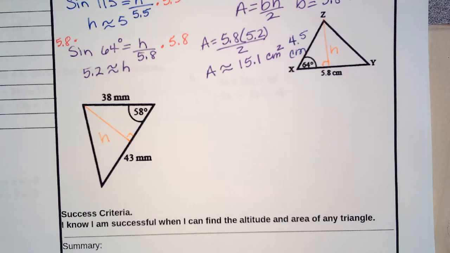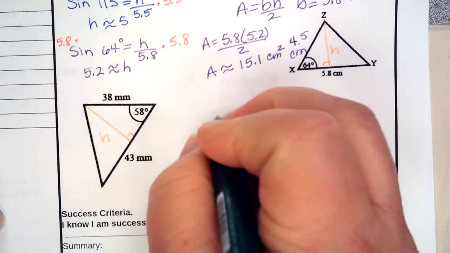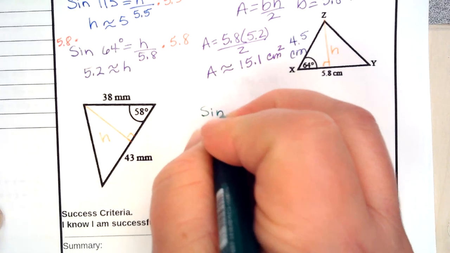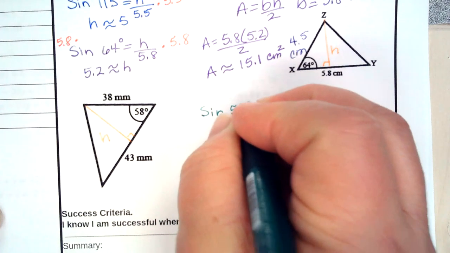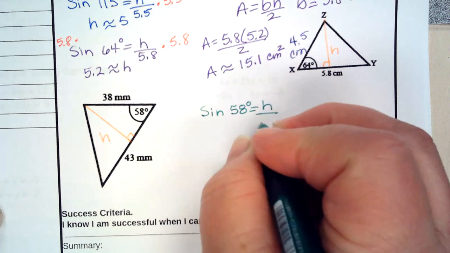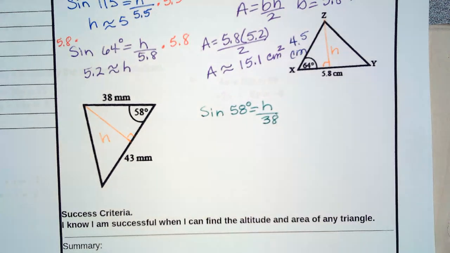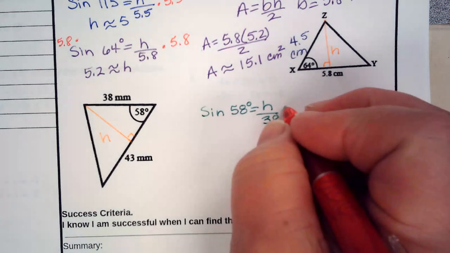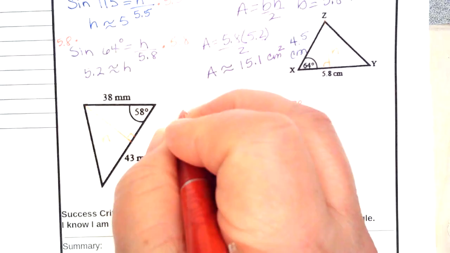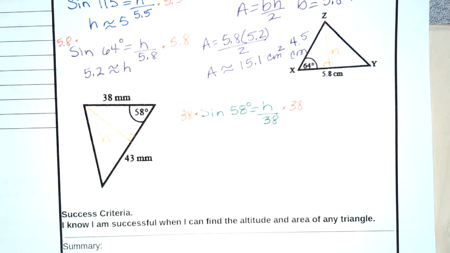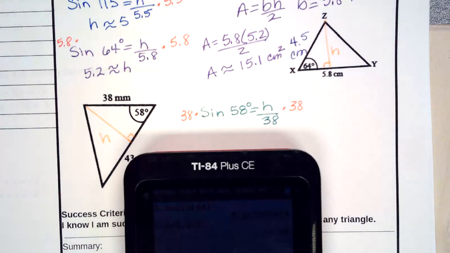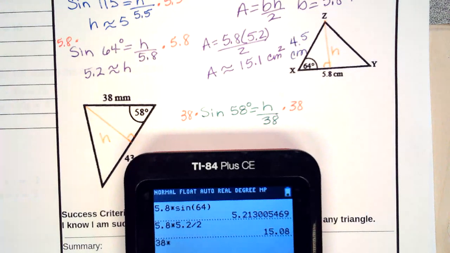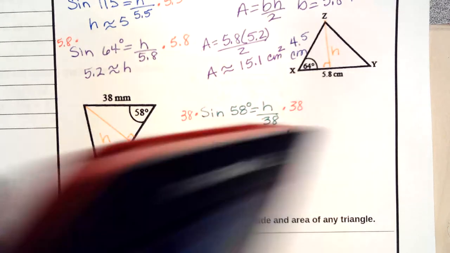Opposite and hypotenuse is your sine. So the sine of 58 degrees is equal to h divided by 38. Multiply both sides by 38. 38 times the sine of 58, close it, and 32.225, so that's approximately 32.2.